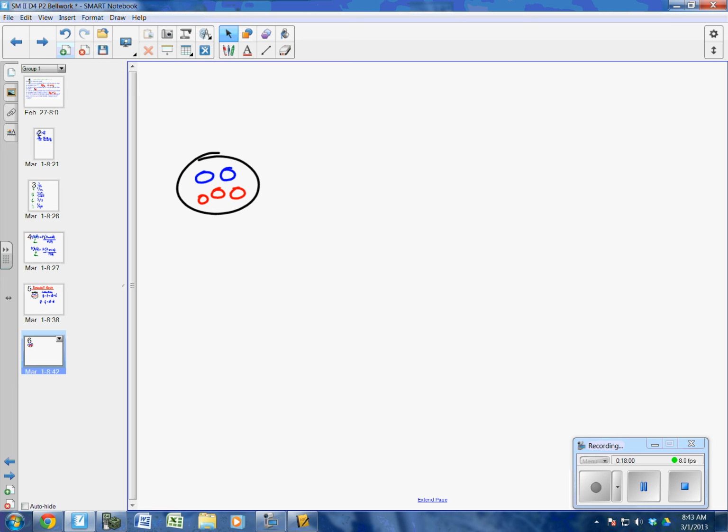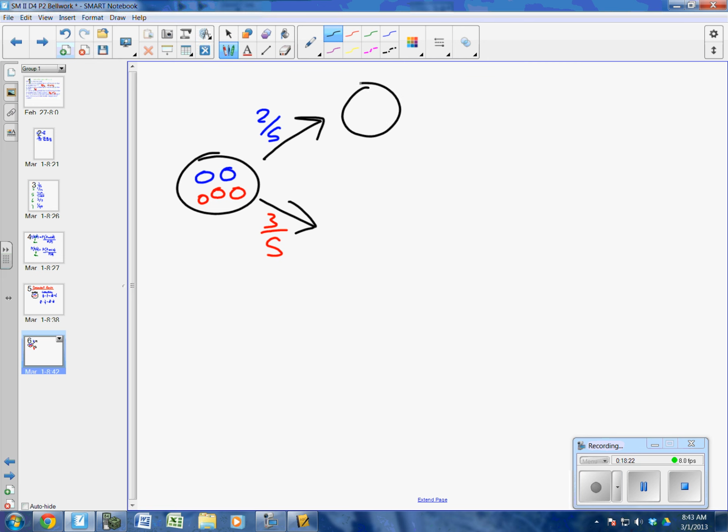So we're going to do it this way right here. What's the chances of pulling out a red marble? I mean, blue marble, you guys? There's a 2/5 chance of pulling out a blue marble. What's the chance of pulling out a red marble the first time? 3/5. There's a 3/5 chance, right? Now, I need to make those a little bit bigger.